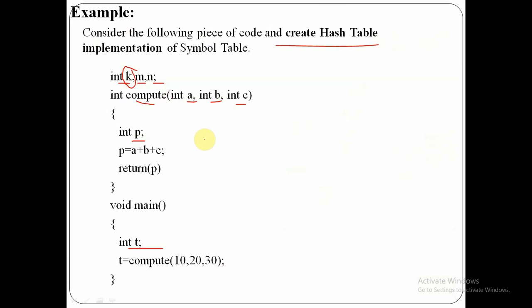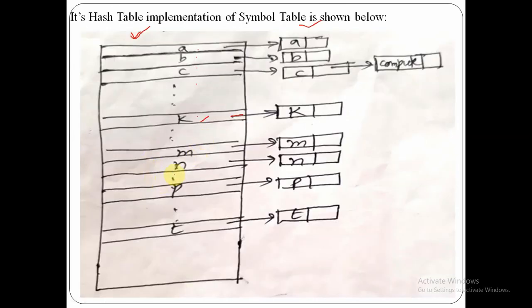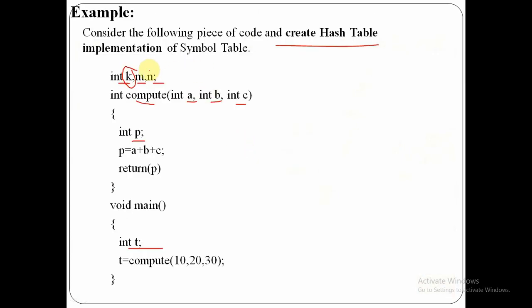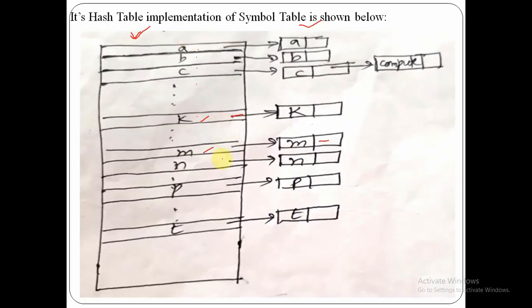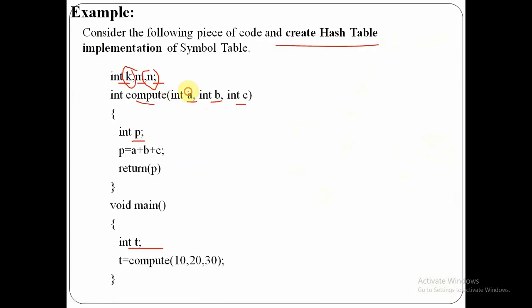So the symbol m is going to be added at index m. Here the node data field is m, or the symbol name is m, and it has some other attributes, maybe a type or a size or address or some other information. Next variable is n, so that will be stored at index n. Next variable is a, so a is going to be stored at index a.